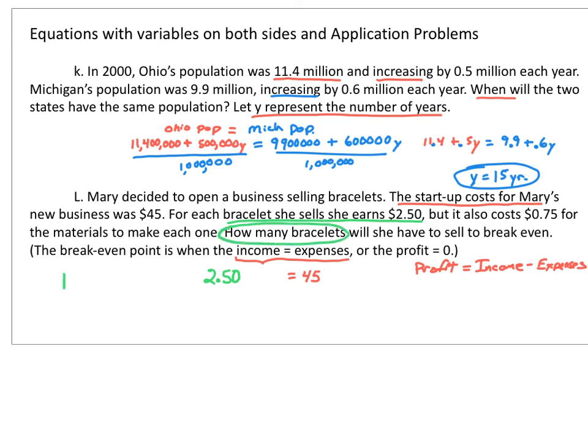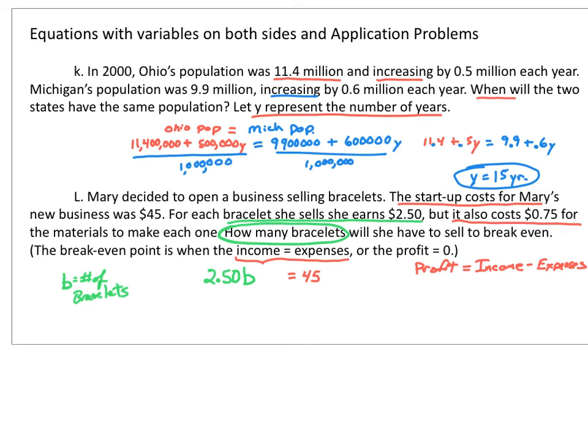So we're going to let B equal the number of bracelets. Okay, so that's $2.50 for each bracelet times the number of bracelets. So that's her income.